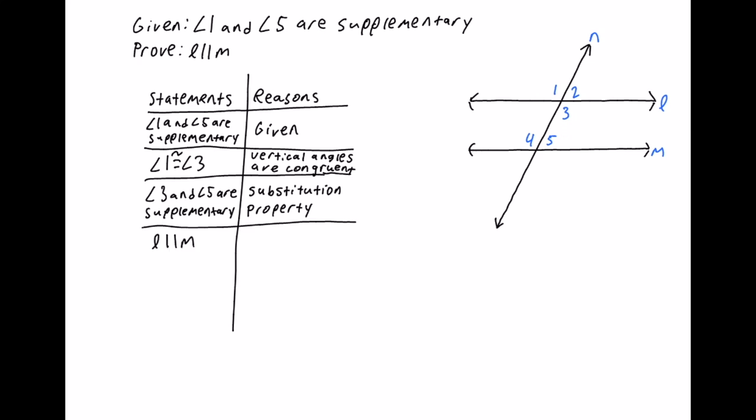So we say line L is parallel to line M, and the reason is because same side interior angles are supplementary. So we've just gone through the steps to prove that line L is parallel to line M.